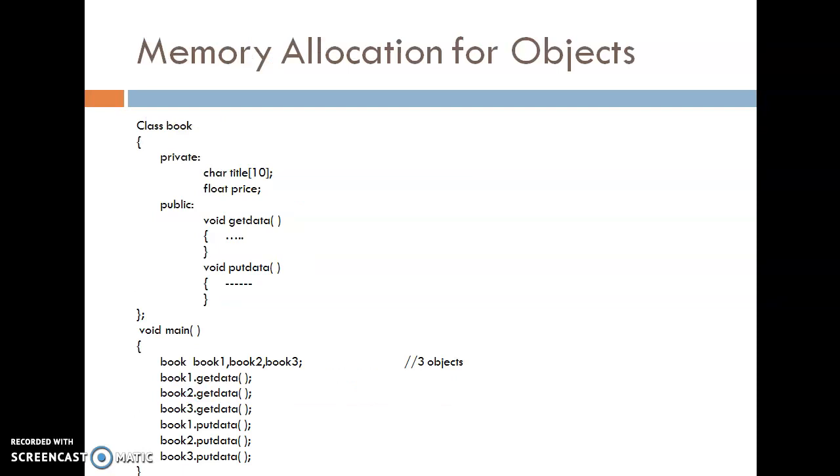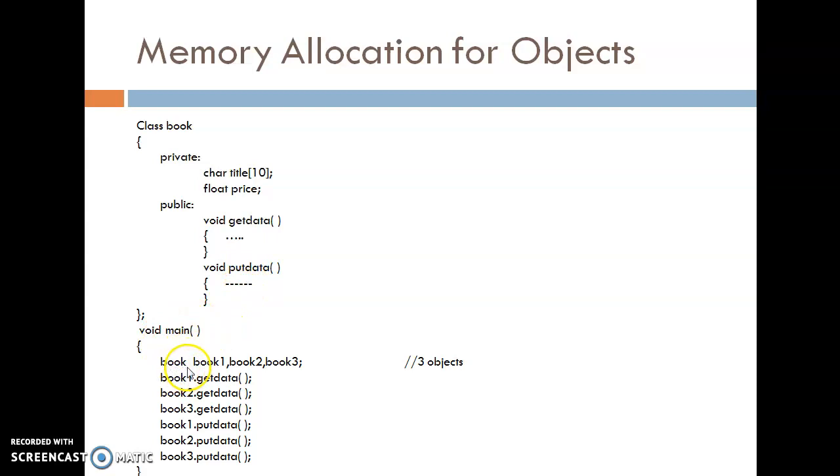Now how is the memory allocated for the object? Here there is one example. Class book. It contains two private members, title and price, and two public member functions, get data and put data. Void main.